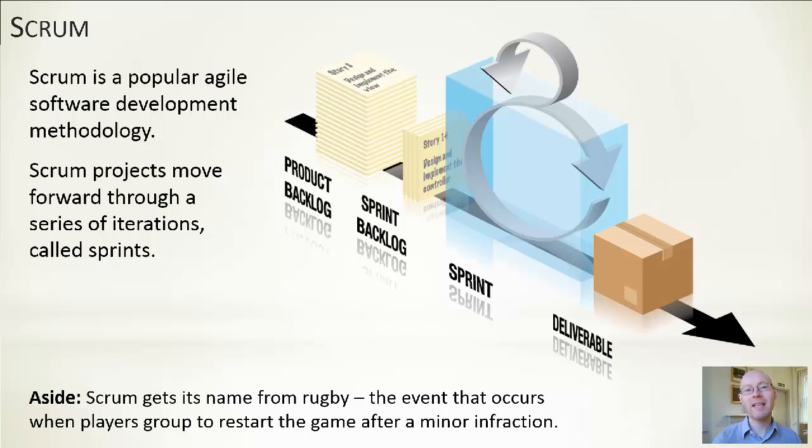These iterations are called sprints within Scrum, and they're generally 1 to 4 weeks in length. The sprint backlog is what we want to accomplish, or in fact what we will accomplish, within that sprint. That gives you a deliverable at the end of the sprint, and we'll then keep repeating that process.